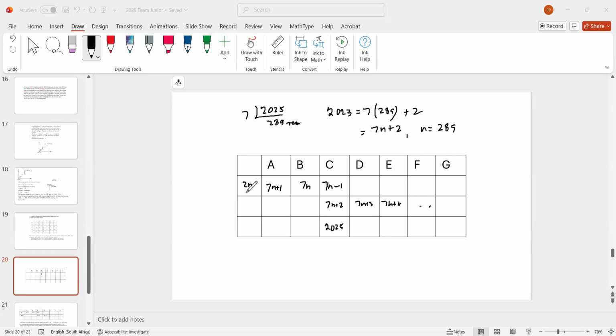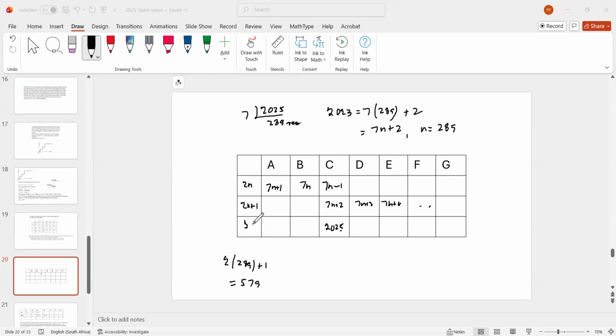If this is the row 2n, this is the row 2n plus 1, the next row. So this thing here occurs in the 2n plus 1th row. When n is 289, you get 2025 here. When you substitute n equals 289, you get 2 times 289 plus 1, which gives you 579.